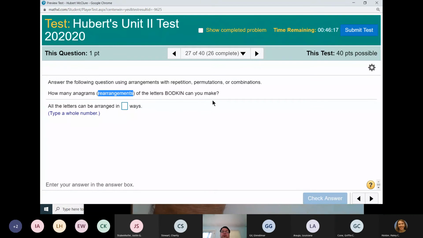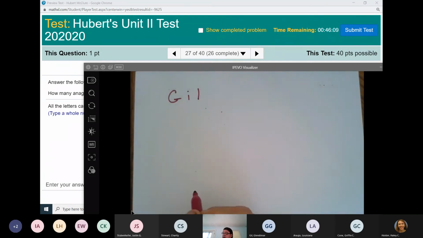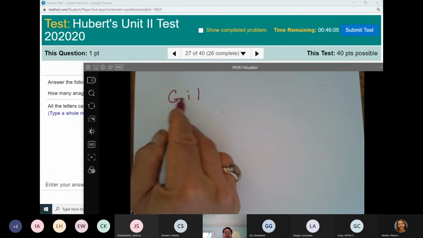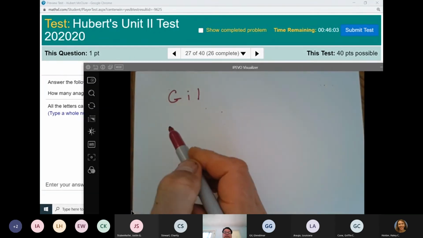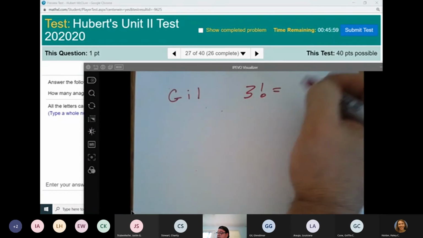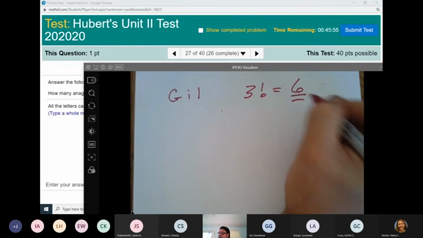Let's go with Miss Gill because she's got a short name. G-I-L. How many different arrangements of these 3 letters can I have? Well, that's going to be 3 factorial, which is 3 times 2 times 1, which is 6.